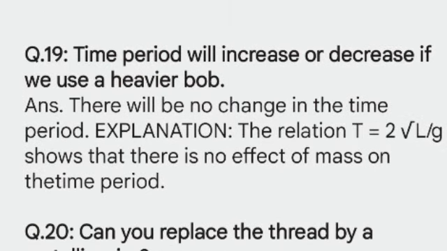So next question: will the time period increase or decrease if we use a heavier bob? Answer: there will be no change in the time period, because the relation T is equal to 2π square root of L divided by g shows there is no effect of the mass on the time period.